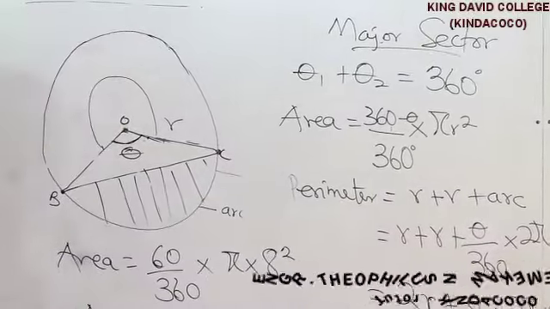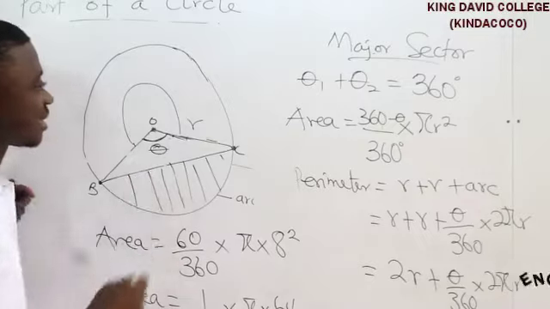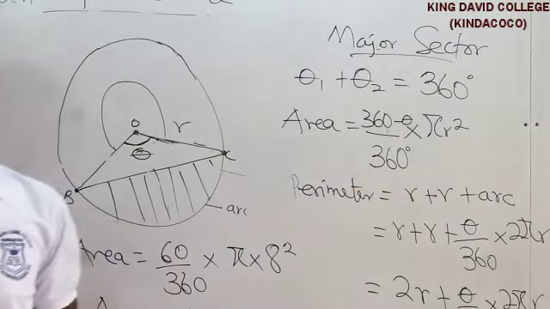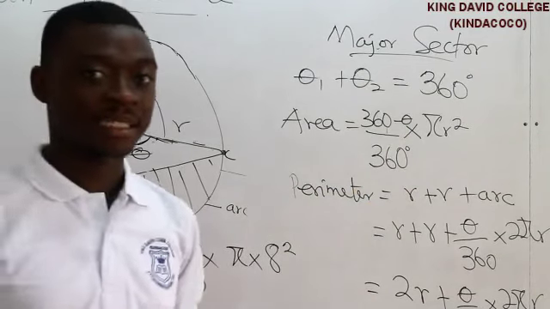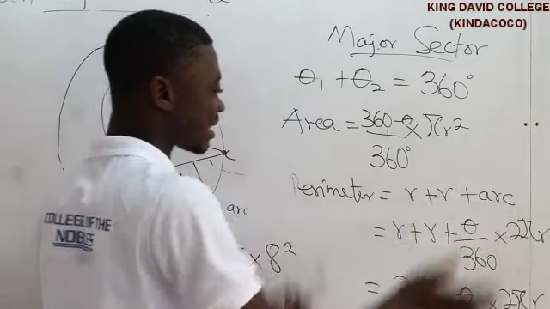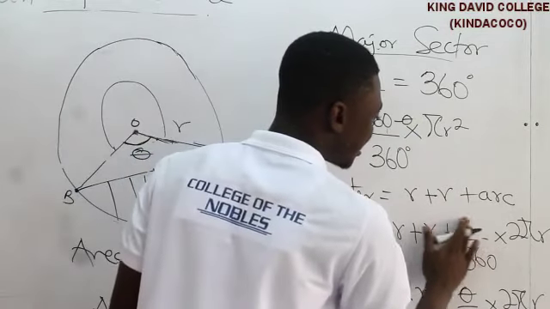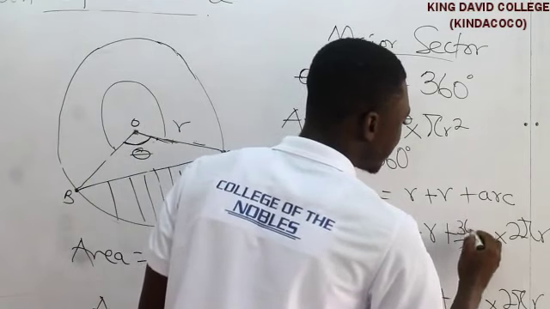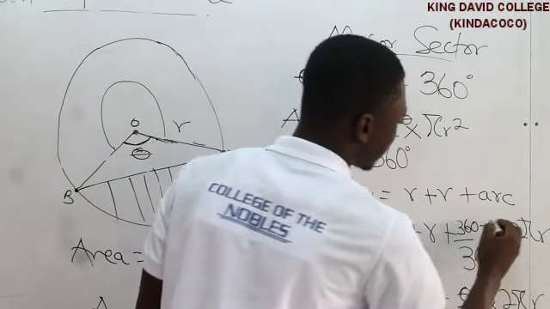So if, like the previous example, our theta was 60, over here for major it would have been 300, because it would be 360 minus the 60. And then same with the perimeter, nothing will change. The only thing that will change over here will be the theta, which will now change to 360 minus theta.